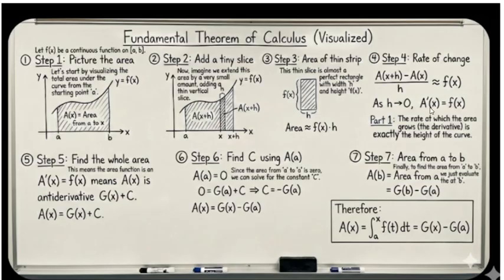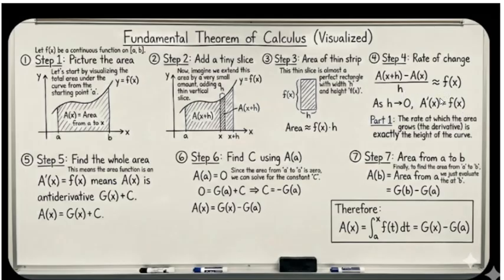Here, when we change x by a minute amount, the change in the area is just a small change in h. If you work out the change in the area divided by h, we are finding the rate of change of area at that particular point.